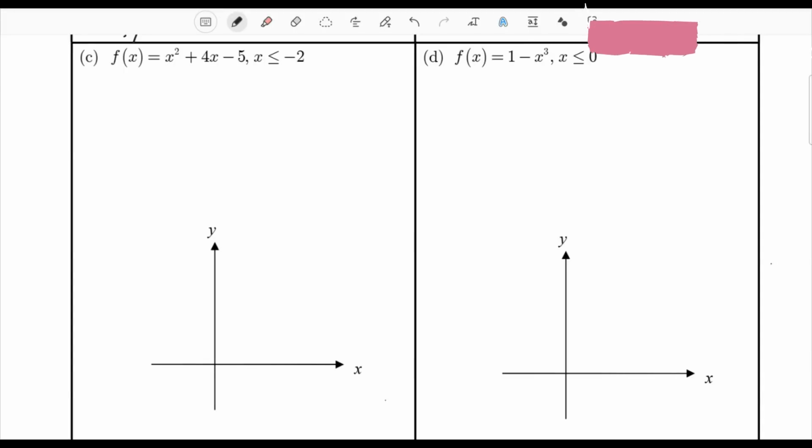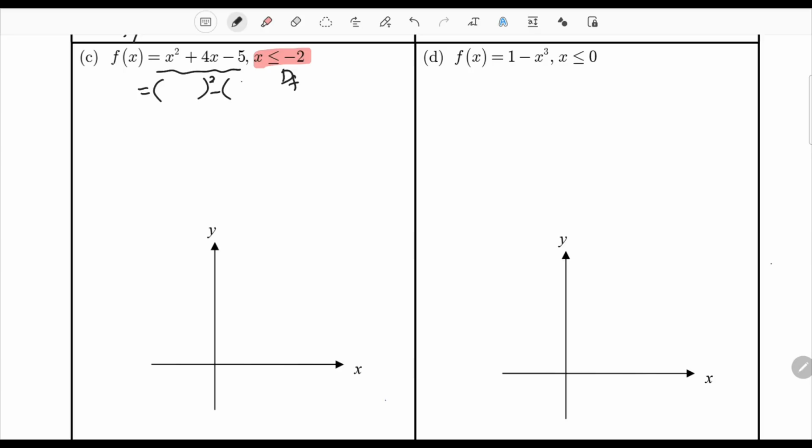Right, part C, f(x) equal to x squared plus 4x minus 5, x less than or equal to negative 2. So this is actually the domain of f. Since we have a quadratic function, we need to do completing the square. As we did earlier, this is the easiest way to do completing the square.